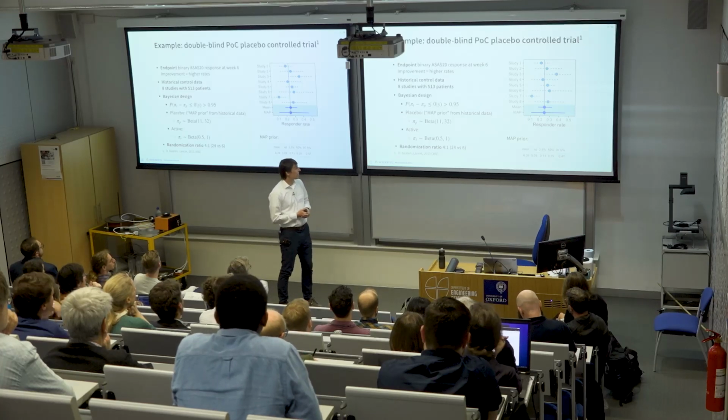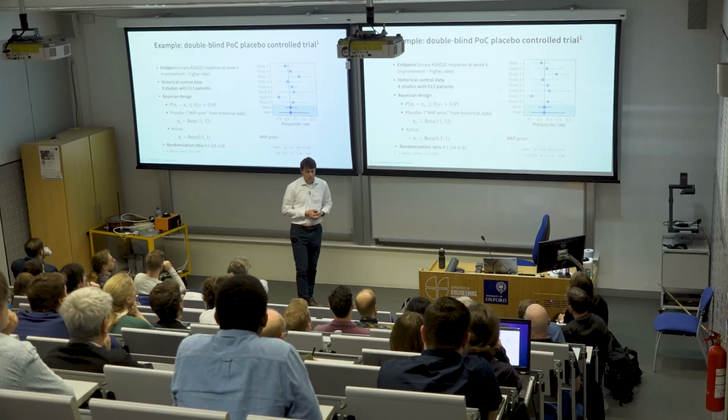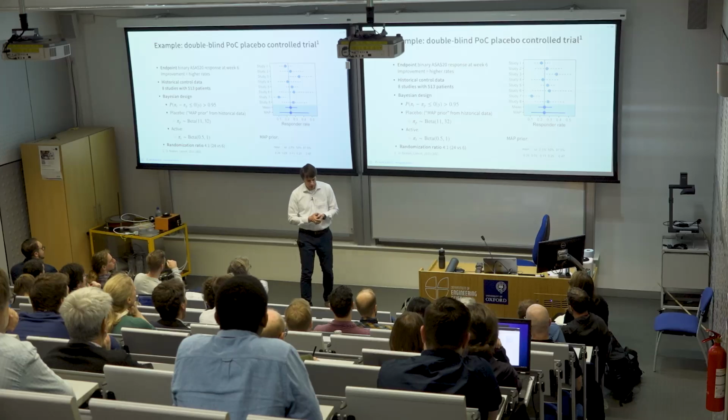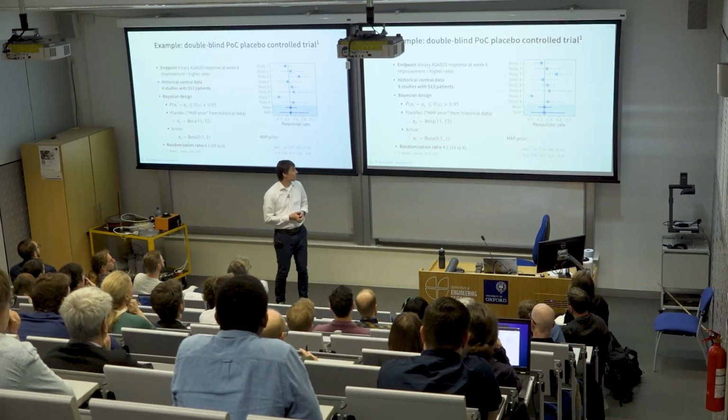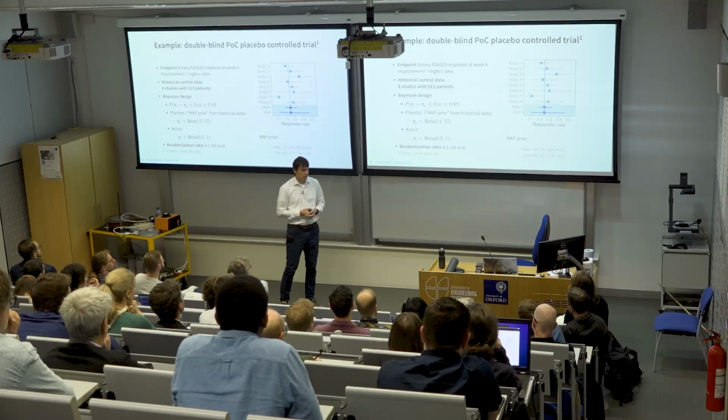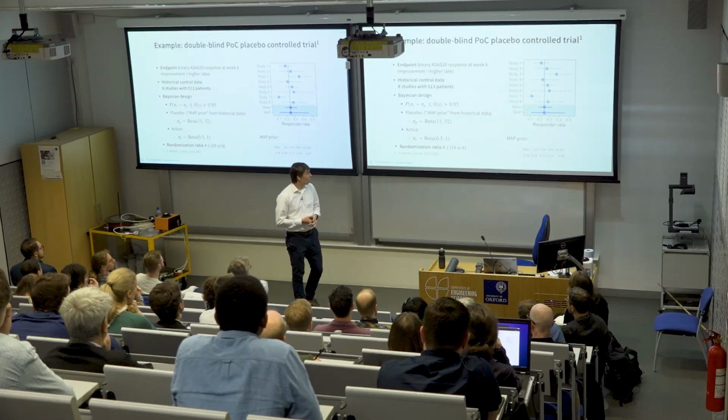Nowadays one would do it with a mixture beta, but we'll get to that. And on active, an uninformative prior was used, which makes it actually a bit harder to have higher response rates. That's why it's not beta 1,1. The randomization ratio was chosen to be very aggressive, 4:1. So 24 patients were put on active.